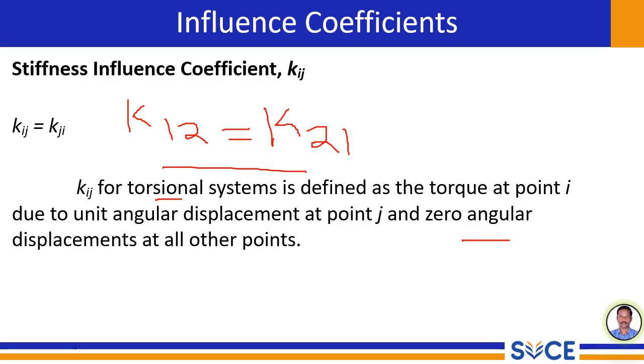Therefore, for torsional systems, the stiffness influence coefficient Kij is defined as the torque required at point i to produce a unit angular displacement at point j, while all other points in the system experience zero angular displacement. But the principle remains the same as what we discussed with respect to linear forces.